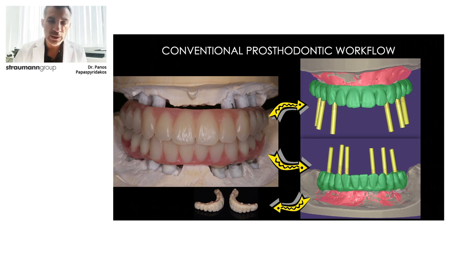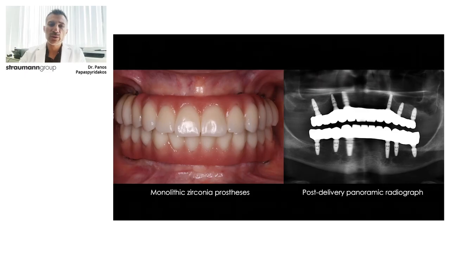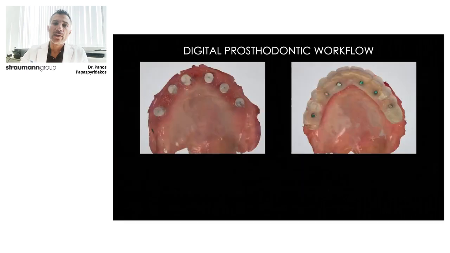These prototypes will be tried in the mouth at the third visit, and after we make some adjustments, minor or major adjustments in terms of aesthetics, occlusion, buccal corridors, or whatnot, then they can be copy milled to the final restoration, and the fourth visit includes the definitive insertion of a monolithic zirconia prosthesis, like in this case, and you can see the post-delivery panoramic X-ray. So this is how we do it conventionally.